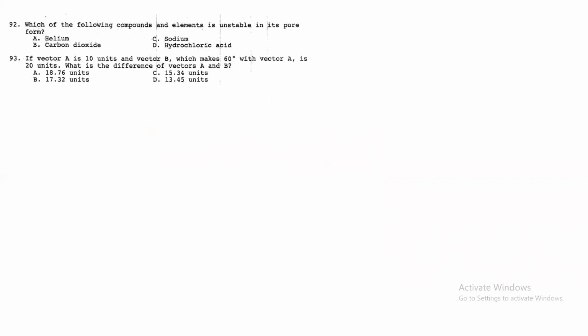The next, 92, which of the following compounds and elements is unstable in its purest form? So ano yung unstable dito at its purest form? Carbon dioxide. Then 93, if vector A is 10 units and vector B, which makes 60 degrees with vector A, is 20 units. So what is the difference of vectors A and B?